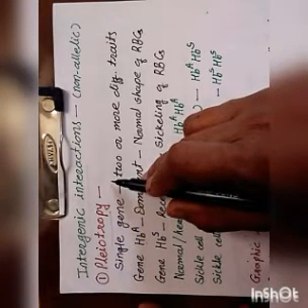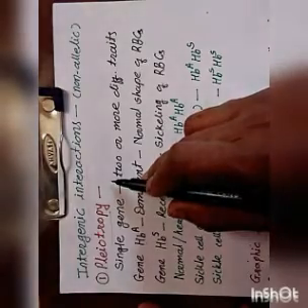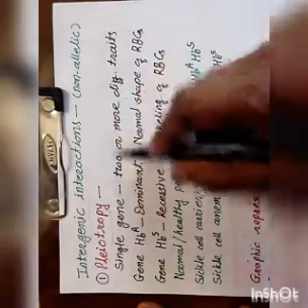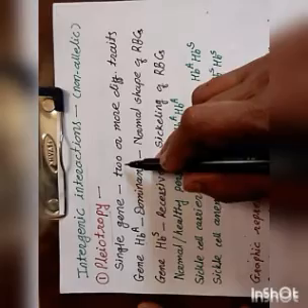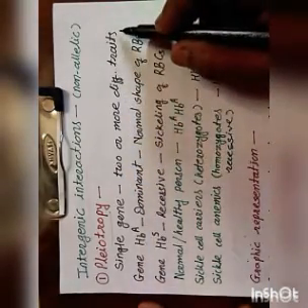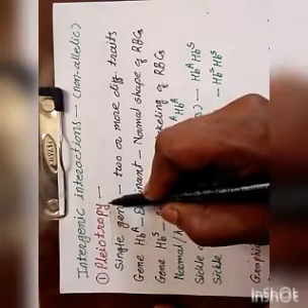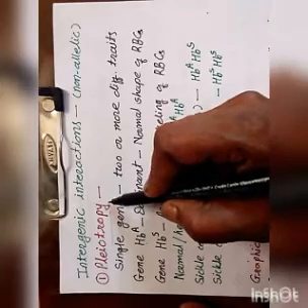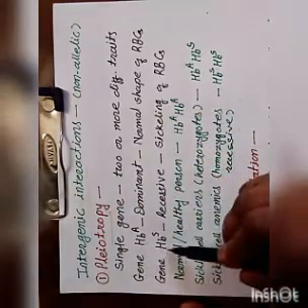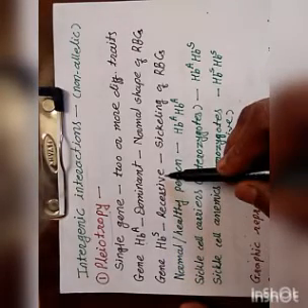Pleiotropy is the phenomenon in which two or more different traits are controlled by a single gene. Means this single gene is responsible for the expression of two or more different traits. The example of pleiotropy is the sickle cell anemia disease. Sickle cell anemia is caused by the gene HBS, which is the recessive gene.